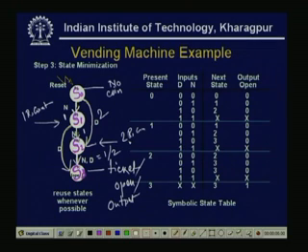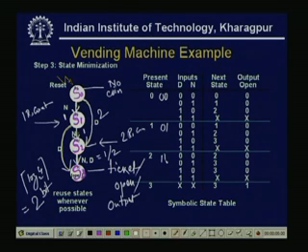For state encoding of these 4 states, we need ceiling of log 4, which means 2 bits are needed to encode. So for state encoding we need 2 bits. These 0, 1, 2, 3, I can write as 00, 01, 10, 11. This is called the state encoding.